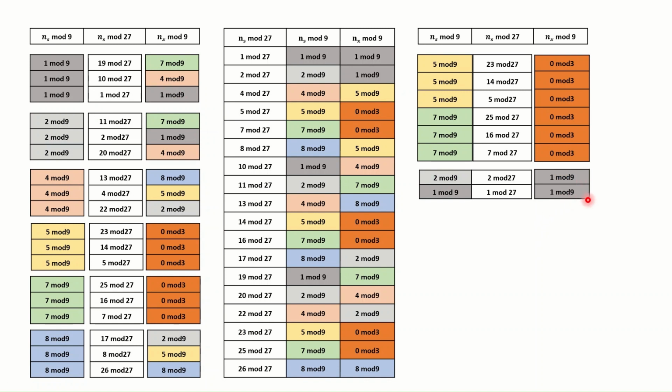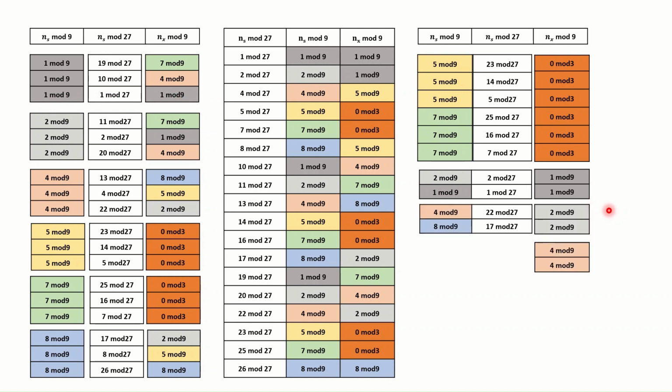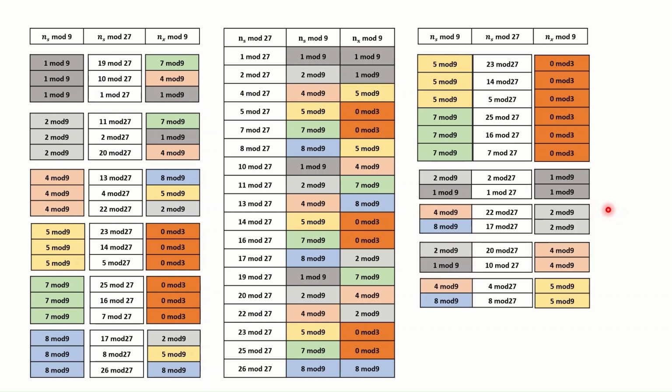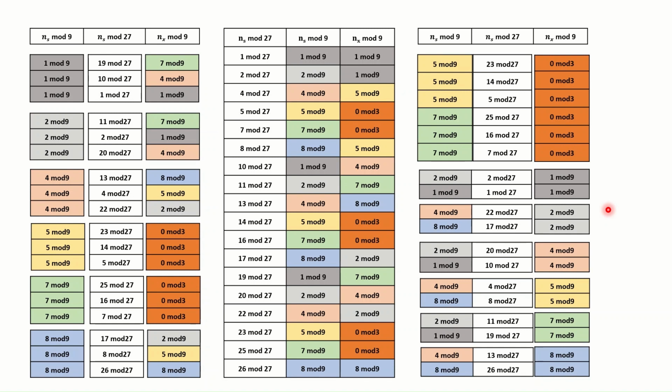Now if we group them in terms of 1 mod 9, how do we get 1 mod 9? We can get it from 2 mod 9, that is 2 mod 27, which gives 1 mod 9. 1 mod 27 gives 1 mod 9. Similarly, you can create definitions for other possibilities.